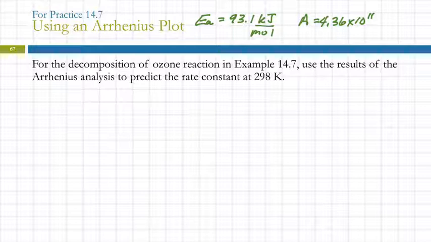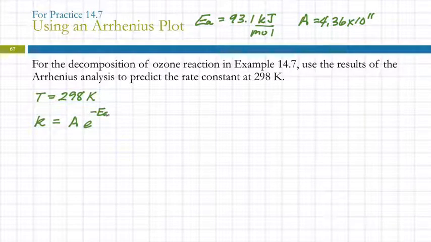Well, 298 K, that's a temperature, right? Temperature equals 298 Kelvin. What's the equation that links rate constant to activation energy and temperature? The Arrhenius equation? Okay. k is equal to A times e to the negative EA over RT.